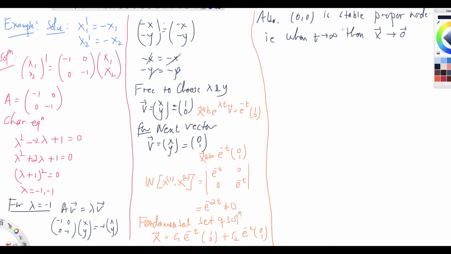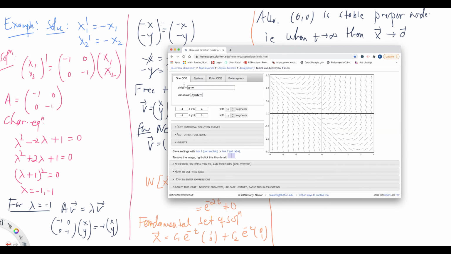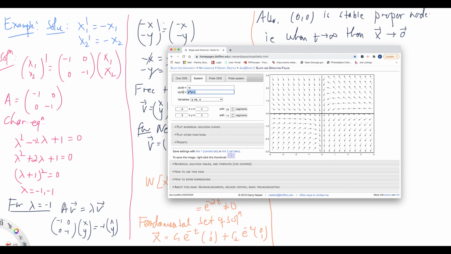If you want to see how the direction field looks in this case, let me use the slope or direction field. In the system, our equations are x1' equals negative x and y' equals negative y, right? Look at this.